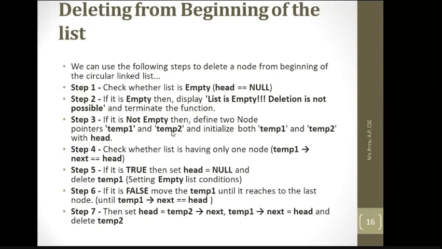In insertion you need to check the overflow situation, but there is no overflow in the case of a linked list, so we never check for overflow, but you have to check for the underflow condition. So you need to be very careful when you are deleting from any given linked list.